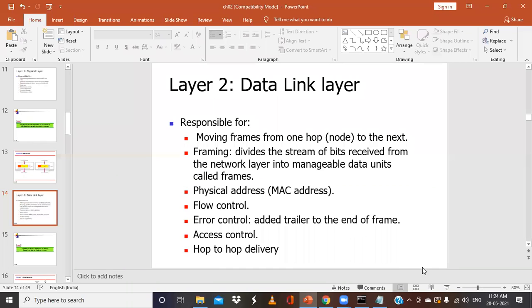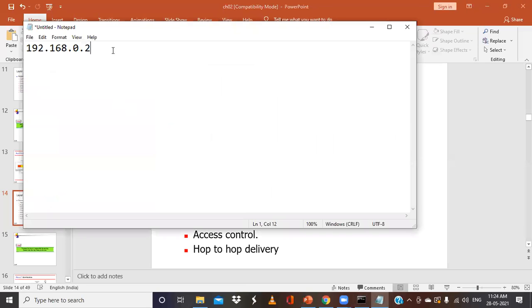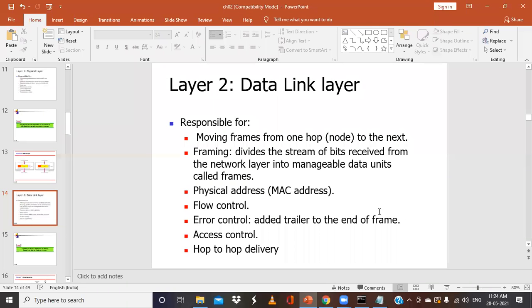Whereas the IP address, or logical address, can be changed according to our wish, and we can have control over it. The physical address or MAC address is also unique, but it is based on the network interface card, which we get from the manufacturers of our systems.